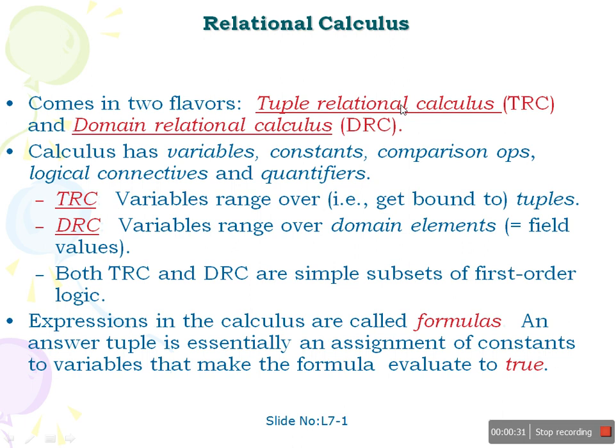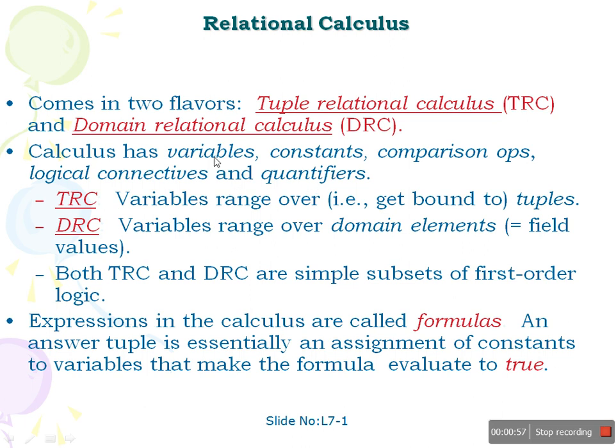In detail we will be discussing the syntax and all. In the same way, in domain relational calculus we will have a domain variable, which will be our output based on the formula which is evaluated to true. In calculus, we have variables, constants, comparison operators, logical connectives and quantifiers.